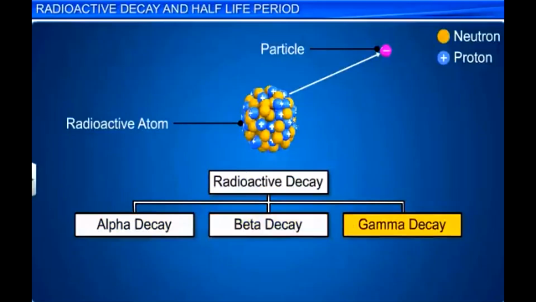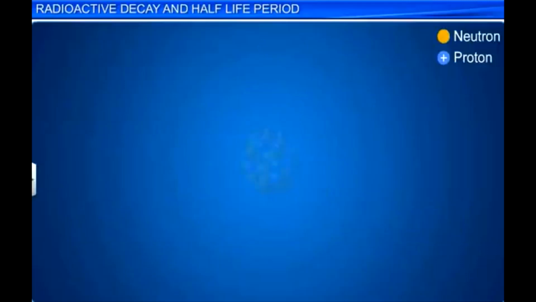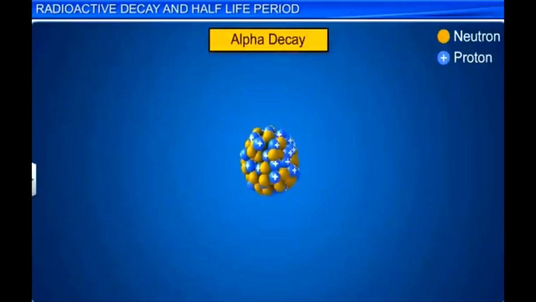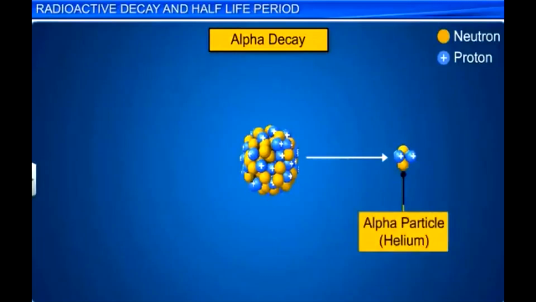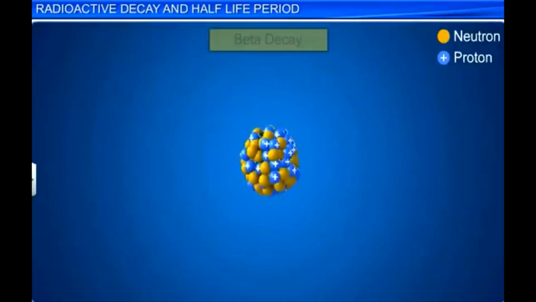In alpha decay, a radioactive nucleus emits a helium nucleus, which is referred to as an alpha particle.